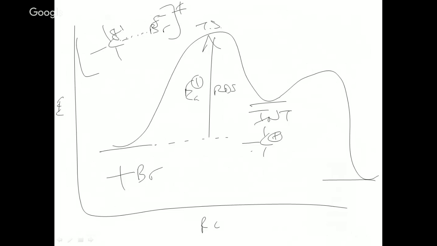Partial minus, partial plus. Okay. And then the second step is fast. And that is the oxygen.